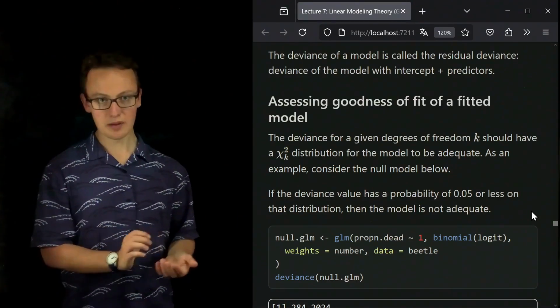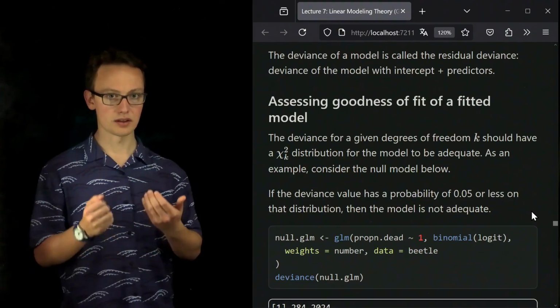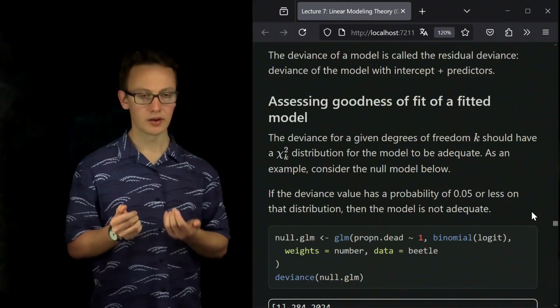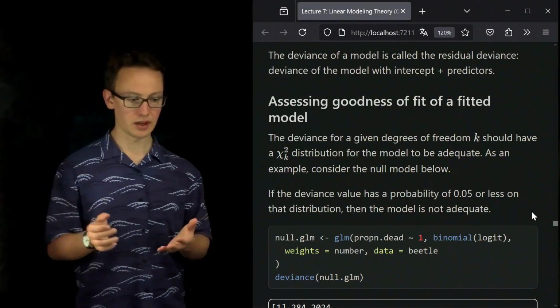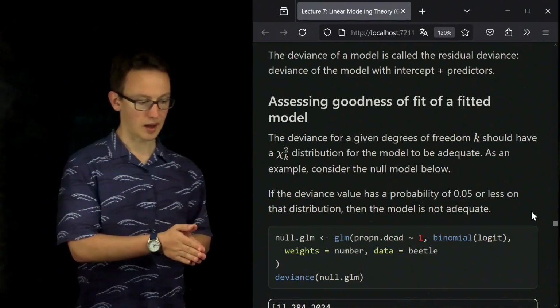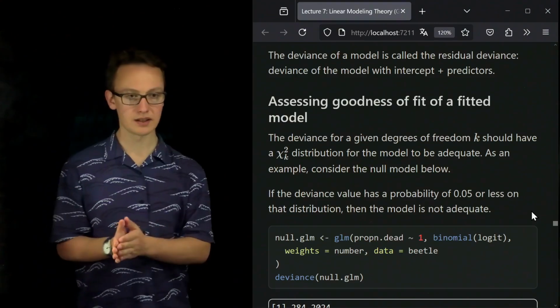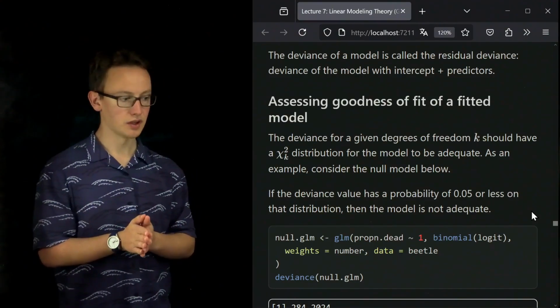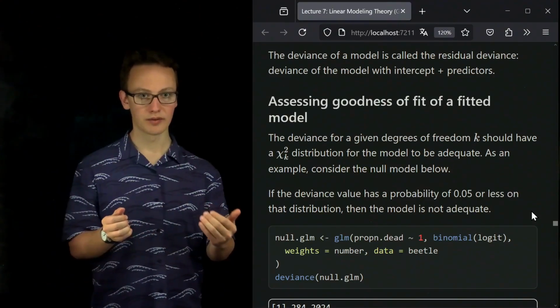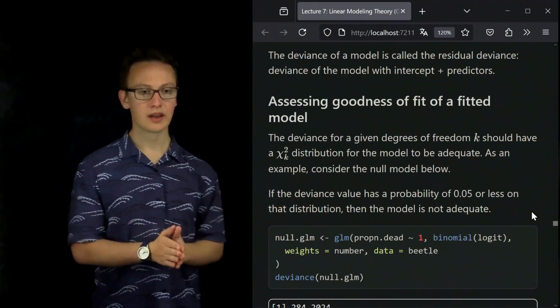Now, what would it mean to conduct a significance test on the deviance of a model? Well, let's say we define a threshold like 0.05 and we look up on the corresponding chi-square distribution if our given deviance value corresponds to a probability of less than 0.05, like if it's that extreme.